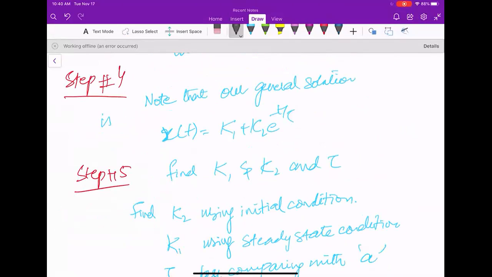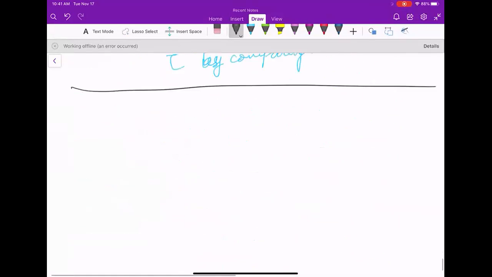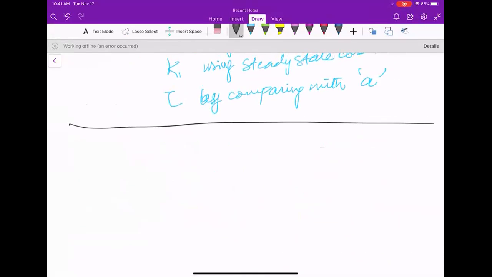Okay, we have a little bit of time left, so I'm just quickly introducing the second order circuit, which we will be doing next time. But so we are good with this first order circuit. You know what is the first order circuit?